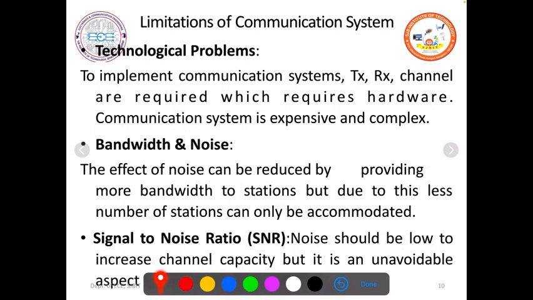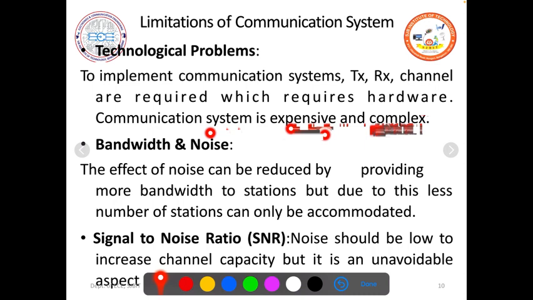So what are the communication system limitations? To implement a communication system, we need a transmitter, receiver and channel, which are hardware components. So the communication system becomes complex and expensive.